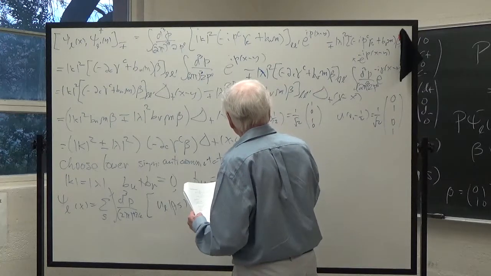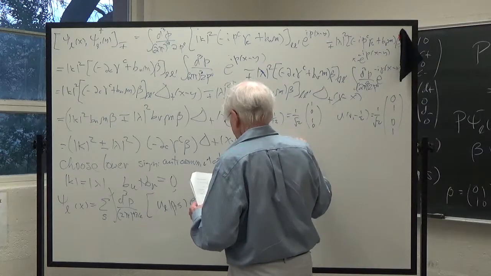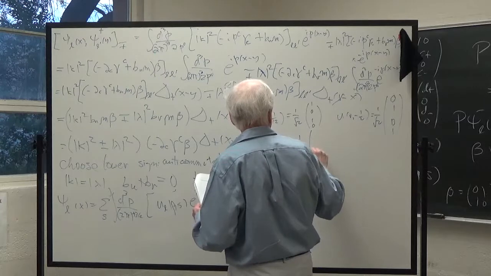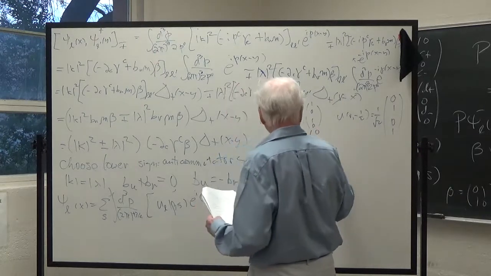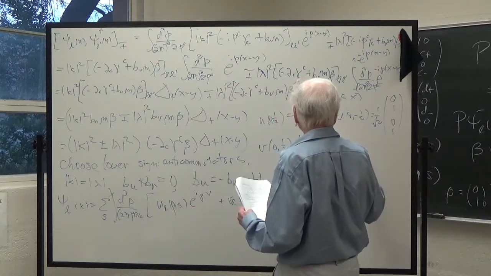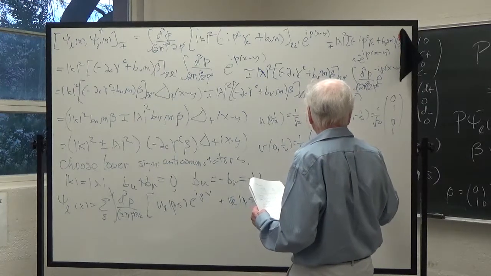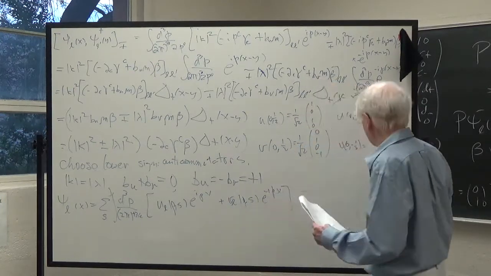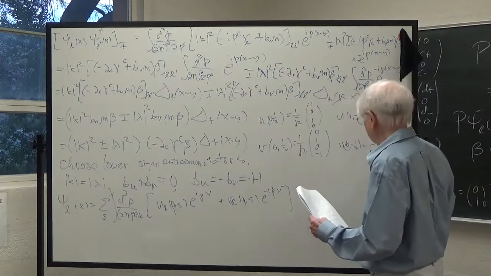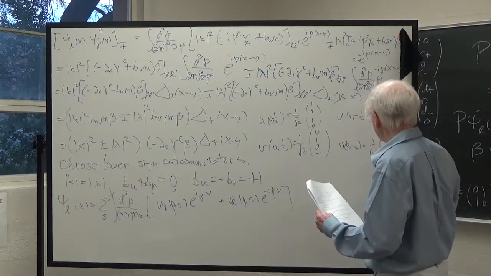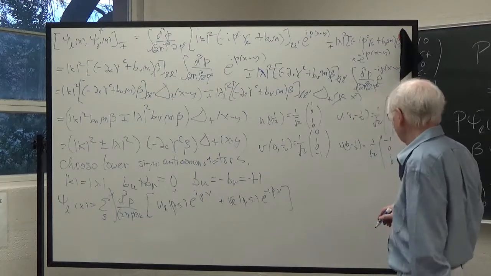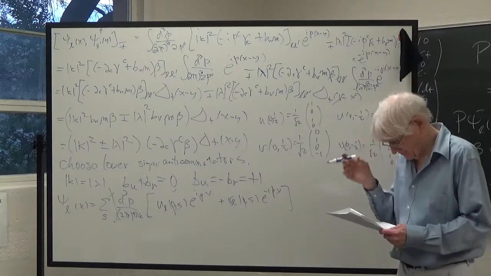But for the antiparticle, v of plus a half is 1 over root 2, 0, 1, 0, minus 1, and v of minus a half is 1 over root 2, minus 1, 0, 1, 0. So those are the final forms for the spinors.